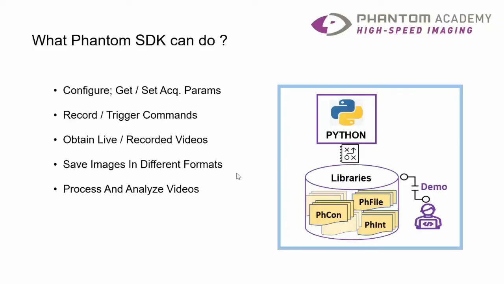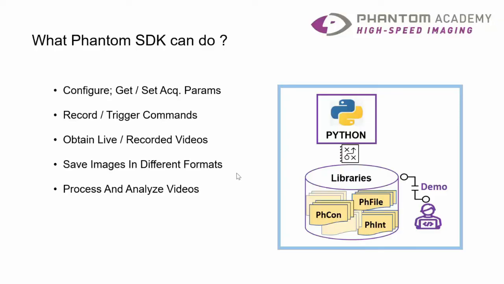In our Phantom SDK, you can configure the camera parameters. You can get or set acquisition parameters like the resolution of the camera, the frame rate, exposure time, and so on. Also, you can send record or trigger commands to the camera, get the live and recorded videos, and after saving the images, you can do more analysis and processing on the videos.